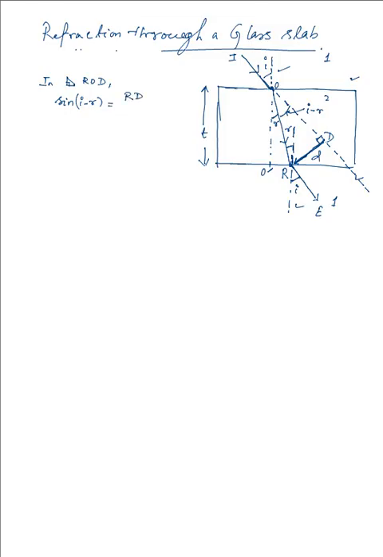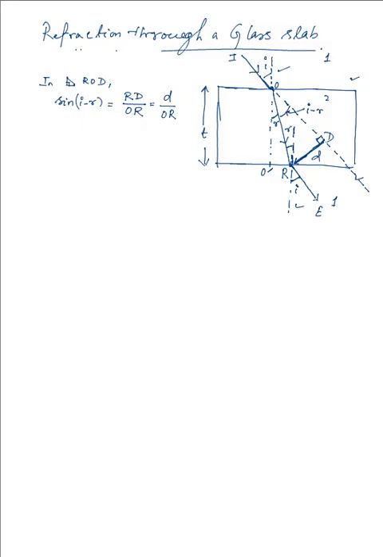RD is the perpendicular facing the angle, over OR, which is the hypotenuse in this case, the base being OD. So that will give us a certain value. We have RD equal to the value d that we know of, and OR we haven't provided any value for, so let's keep it as such.